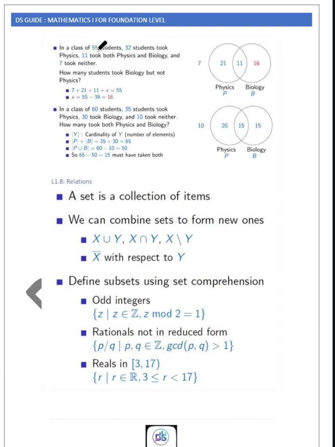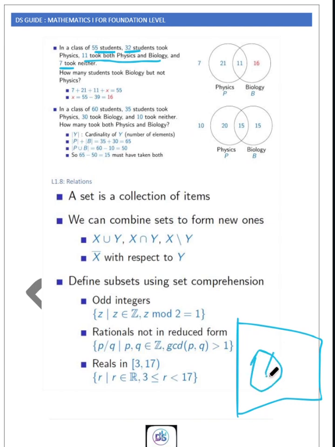Similarly, in a class of 55 students, I am told the strength this time. 32 took physics, 11 took both physics and biology, 7 took neither. So how will I draw? This is my universal set. Physics, biology.